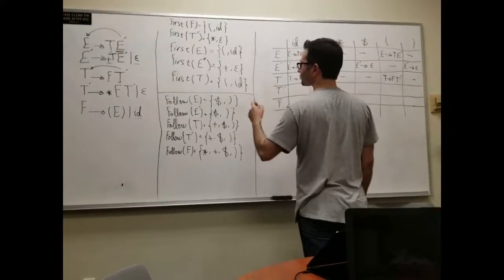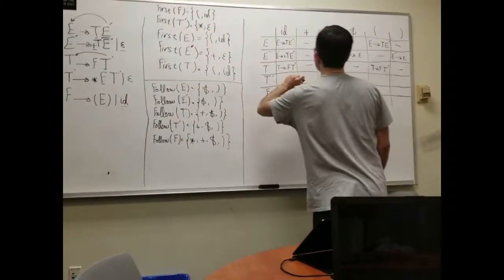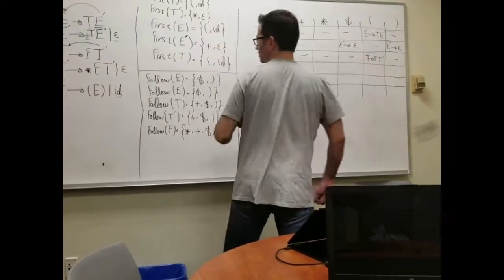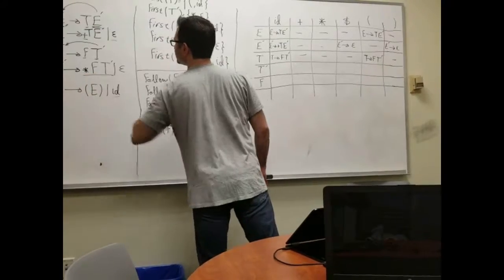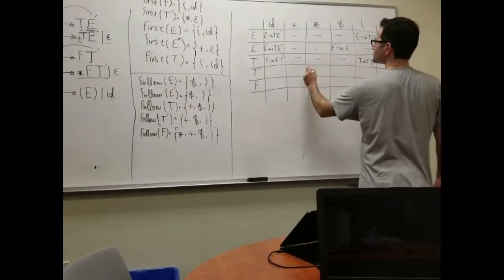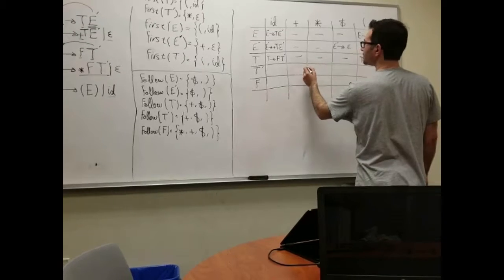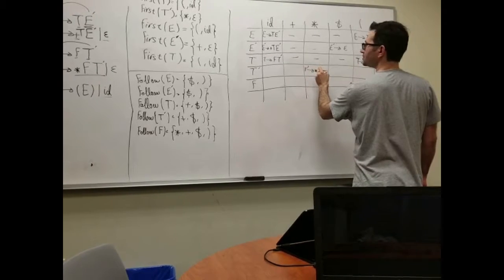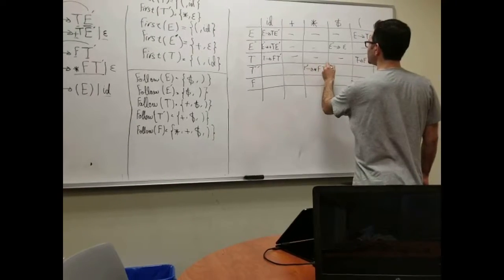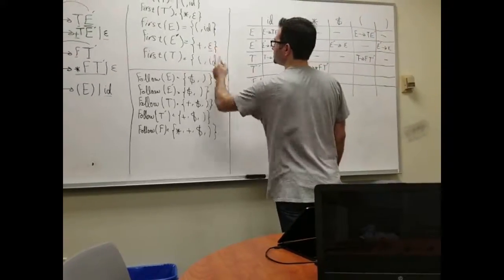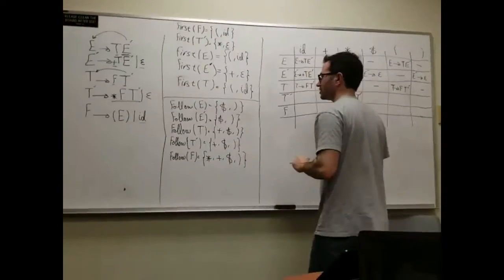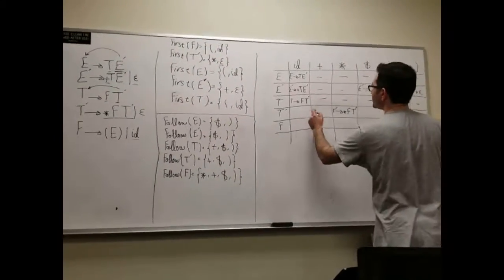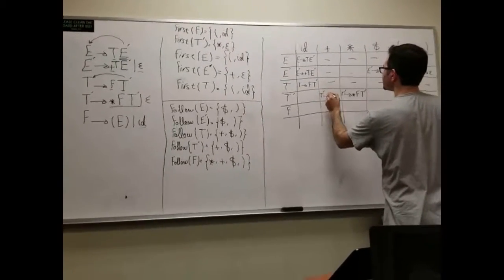For T prime, we have a star, so we go for this rule, T prime goes to star F T prime. But we have epsilon here also, so we need to check the follow of T prime, so we have plus, dollar and right parenthesis. So for plus, dollar and right parenthesis, we can say T prime goes to epsilon.